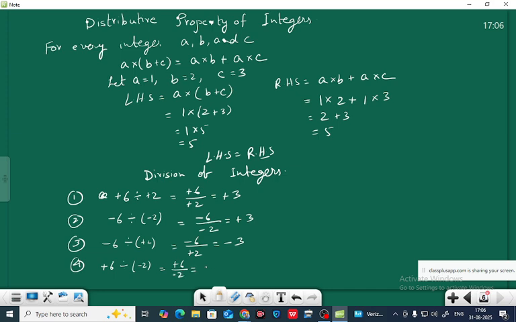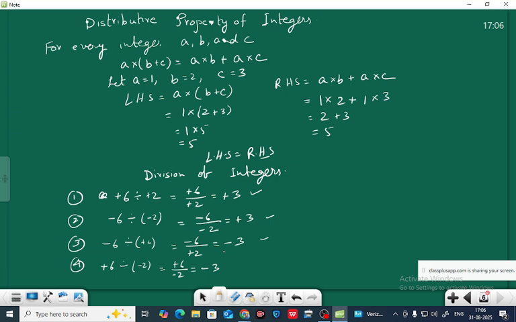Plus divided by minus is always minus, and the number is 3. Right? This is the property of integers. That is, plus divided by plus is plus, minus divided by minus is plus, minus divided by plus is minus, and plus divided by minus is minus. This is the property of division of integers.